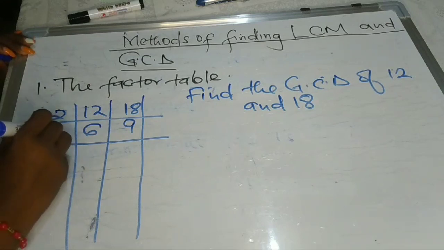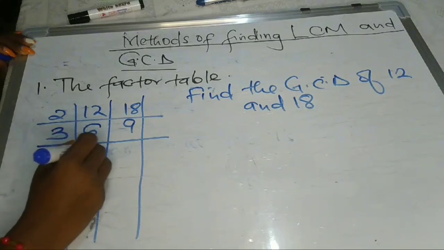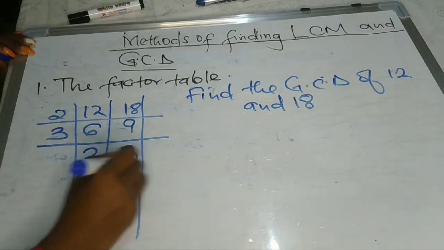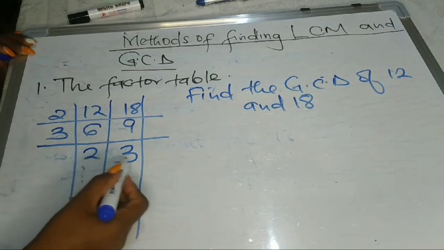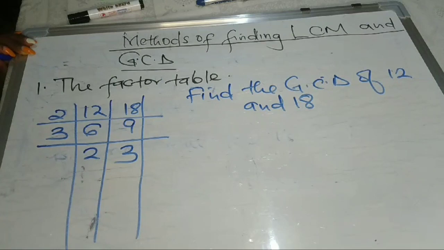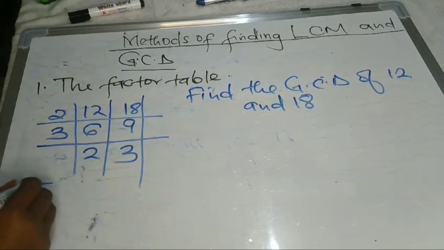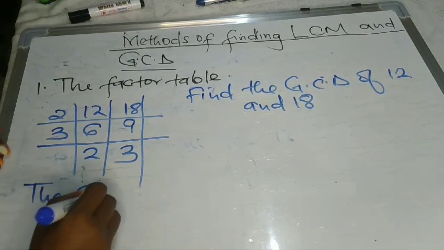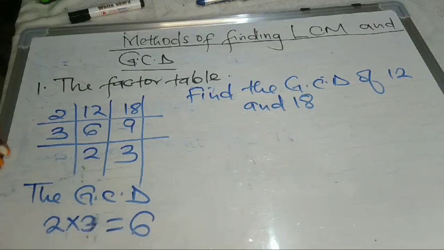But we can pick 3, which divides both. So divided by 3, this is going to be 2, and this is going to be 3. There is no other prime factor which can divide these two numbers. So we stop at that, and we say the GCD will be equal to 2 times 3, which is equal to 6.